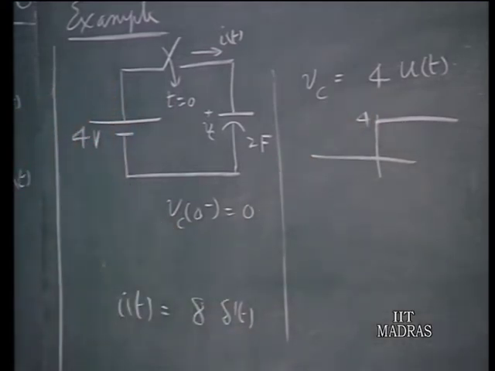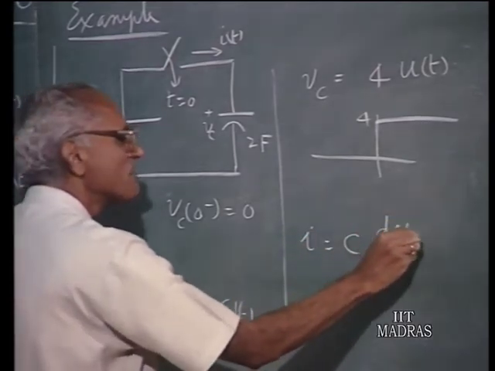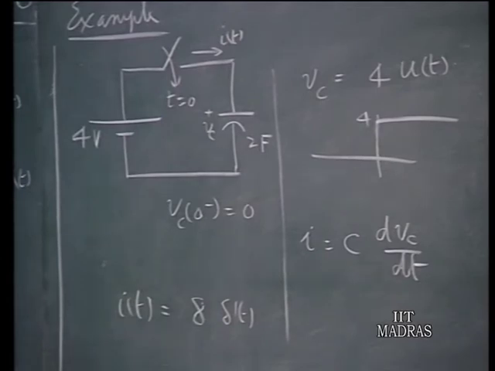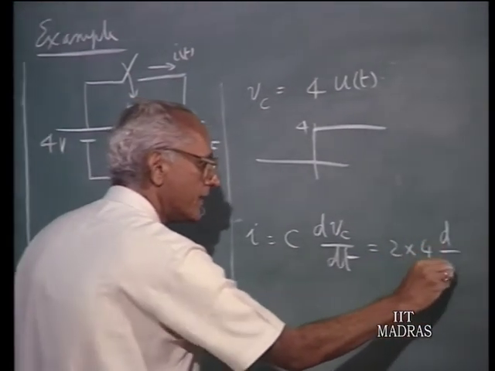We know that the current in a capacitor is C dVc/dt. I equals C dVc/dt. That is the basic equation, the terminal relation for a capacitor. Now in this case the capacitor is 2 farads, therefore 2 times 4 times d/dt of u(t).